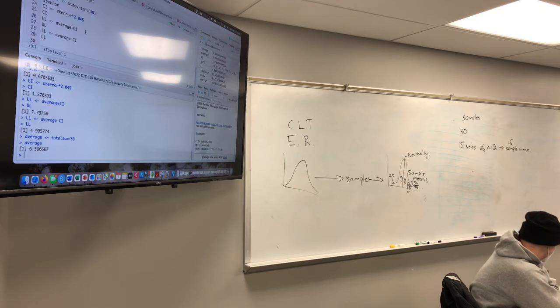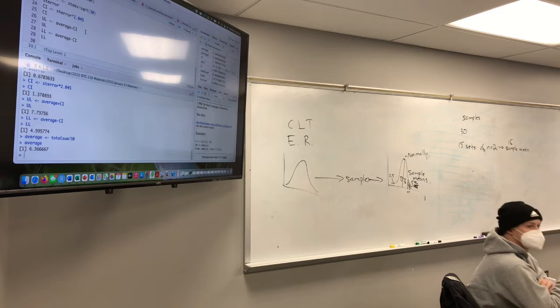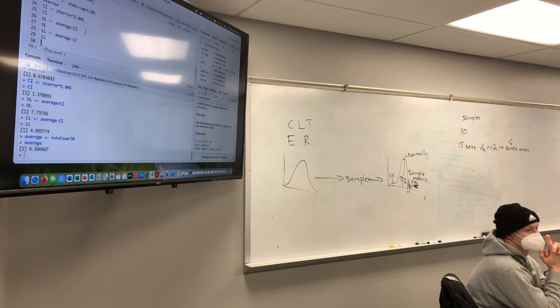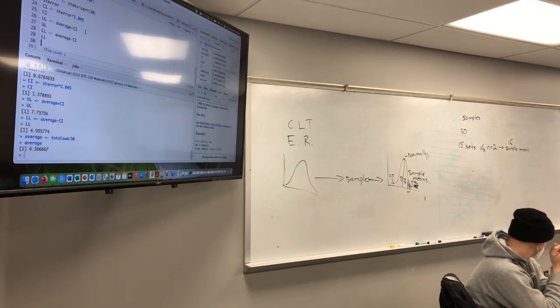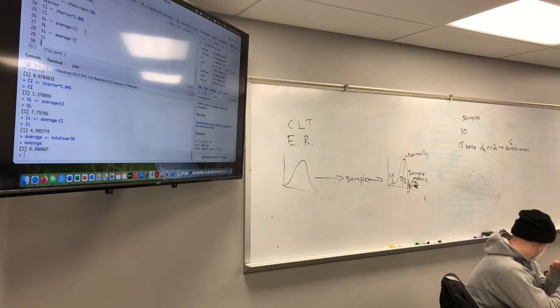So this is the confidence interval based on a sample of 30 draws from a deck of cards. The reason I went down this path was thinking about a confidence interval in this way: somewhere within this range lies the true population value.